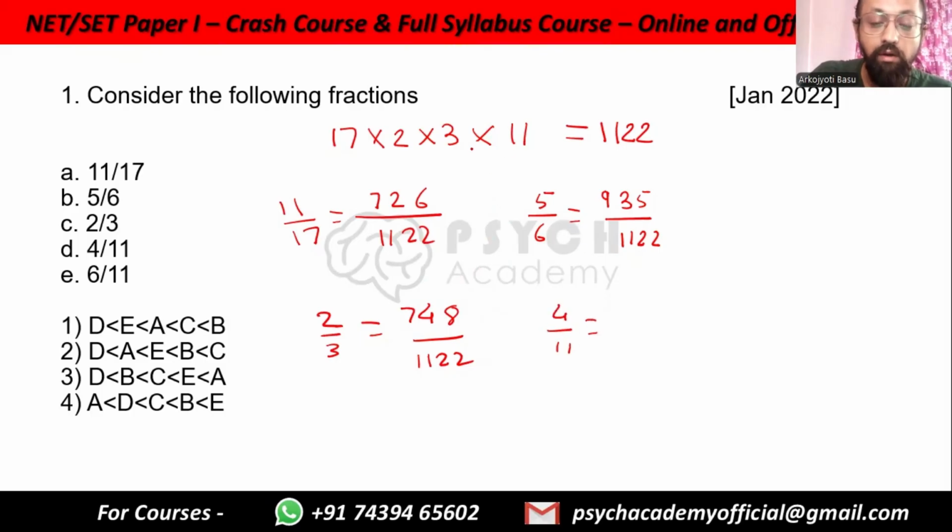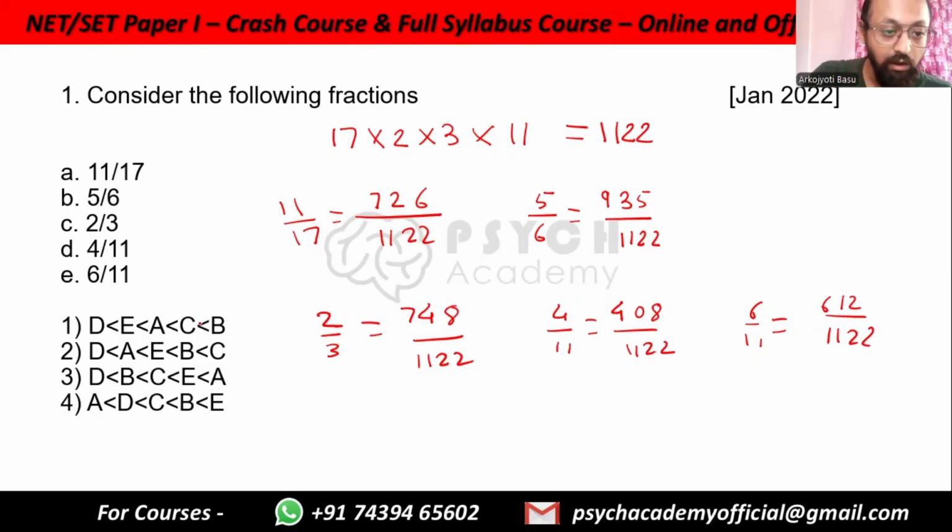We are multiplying 11 by 6 into 17. 6 into 17, multiply that by 4, we get 408 by 1122, and 102, that is again 17 into 6 with 6, we get 6 by 11 is equal to 612 by 1122.